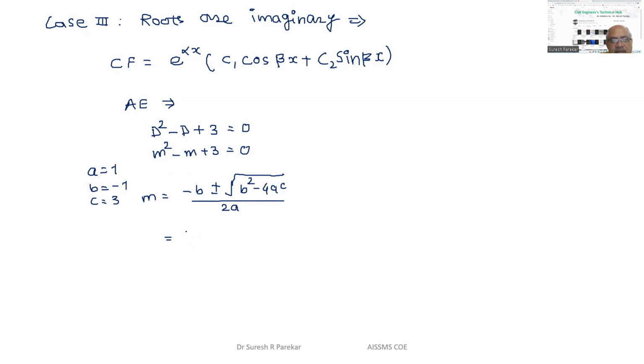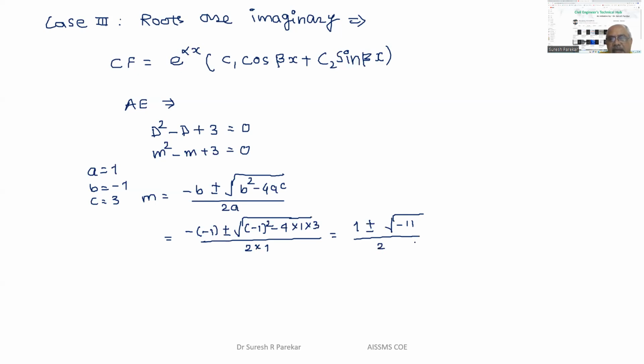If we solve this, we have minus of minus 1 plus minus root of (minus 1) square minus 4 into 1 into 3, upon 2 into 1. That gives 1 plus minus root of 1 minus 12, so minus 11, upon 2.